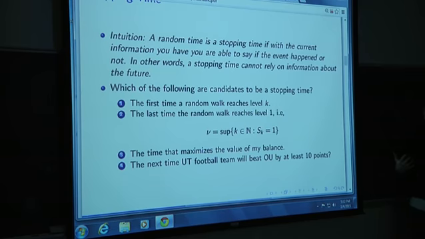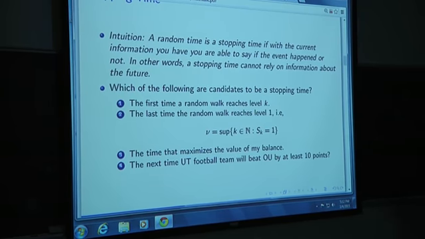So this sounds a little bit strange, but a stopping time cannot rely on information about the future. So we can think about these 4 candidates and think about which are stopping times and which are not.